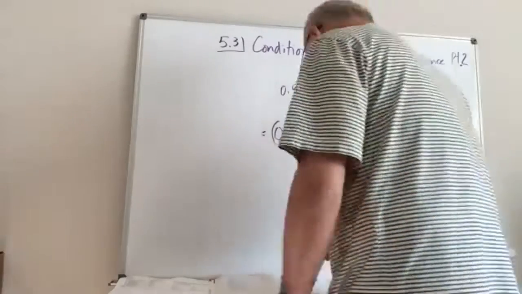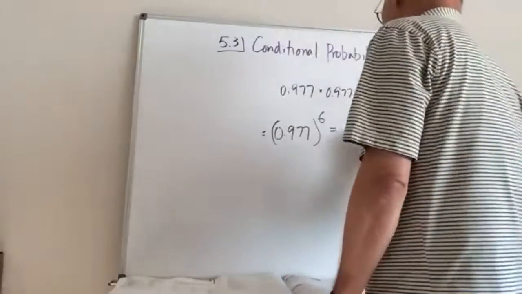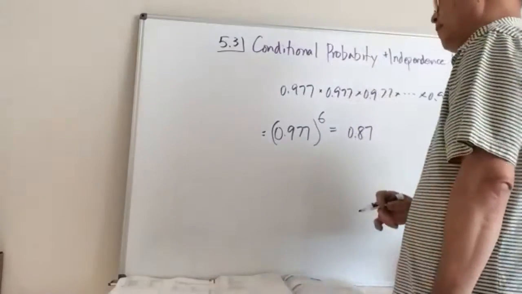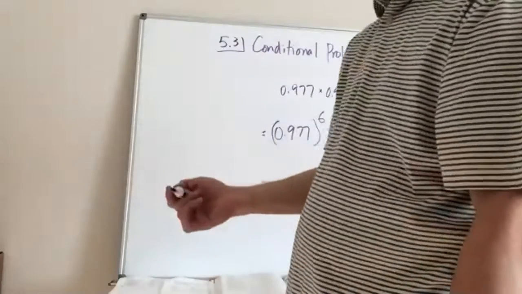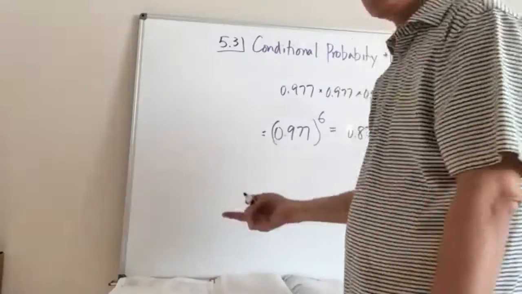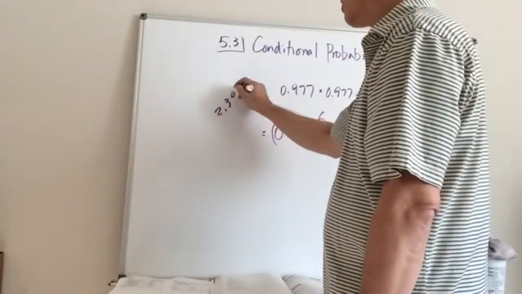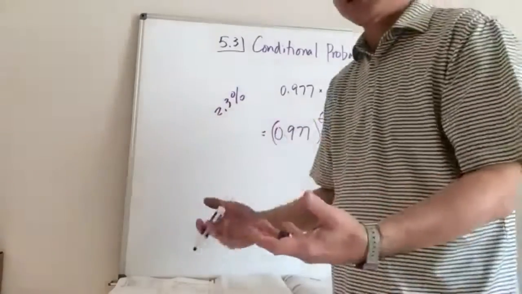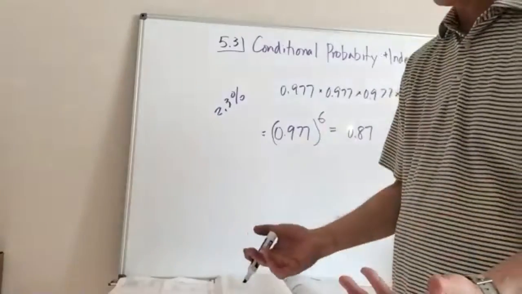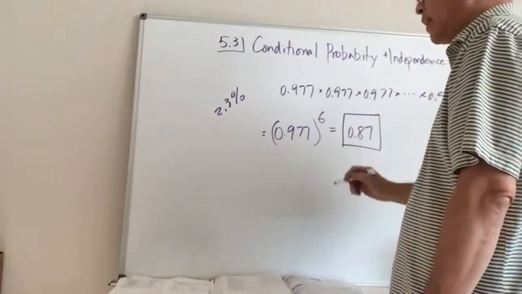Okay. So if I multiply that out, I get 0.87. So even though the probability of a single one to fail is only 2.3%, when you have 6 of these things that all have to work, you end up with a pretty hefty failure.